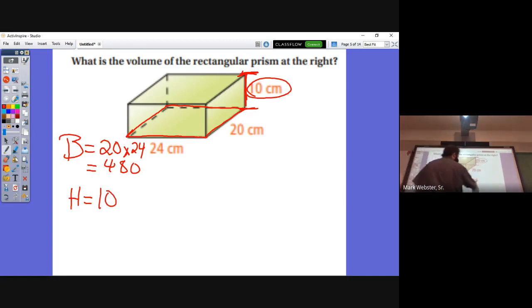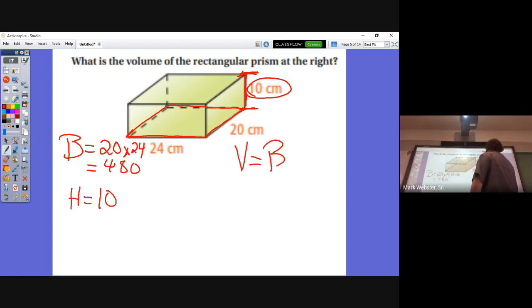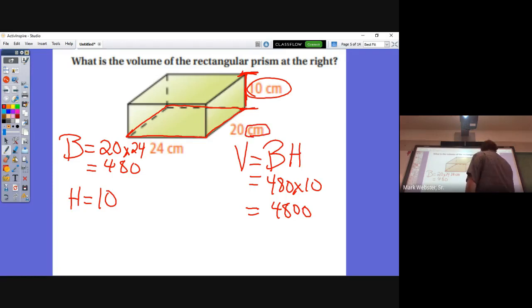Then all we're going to do is area of the base times the height. Get 4,800. And since we're doing volume, the units are going to be centimeters cubed.